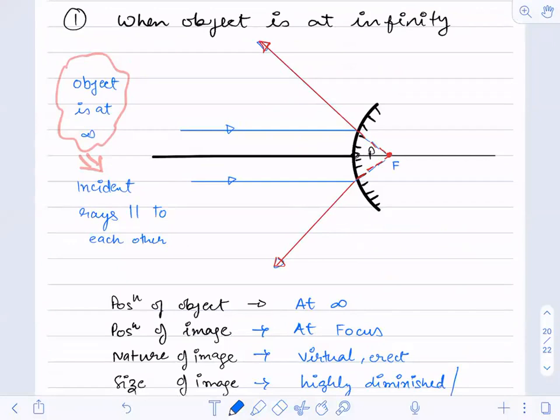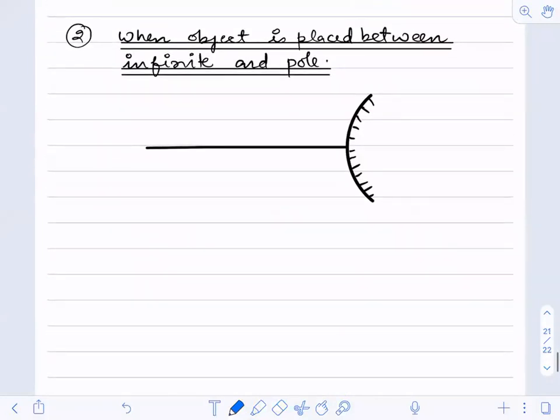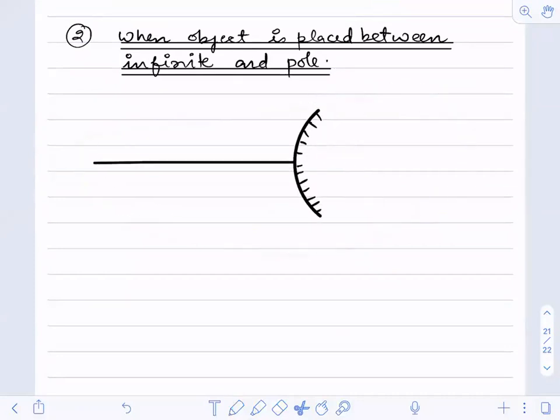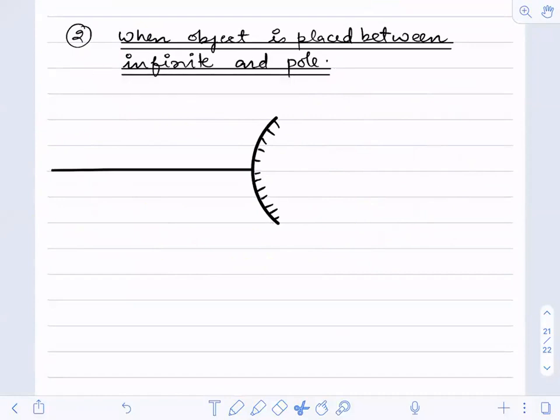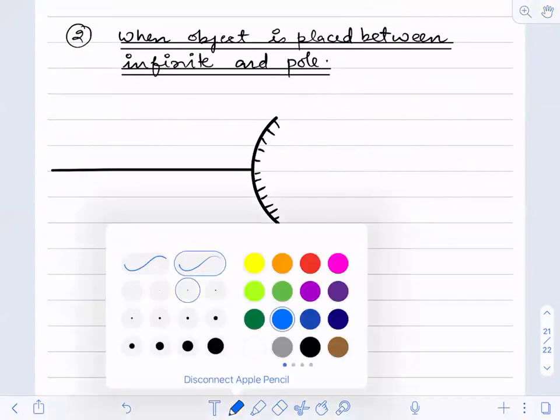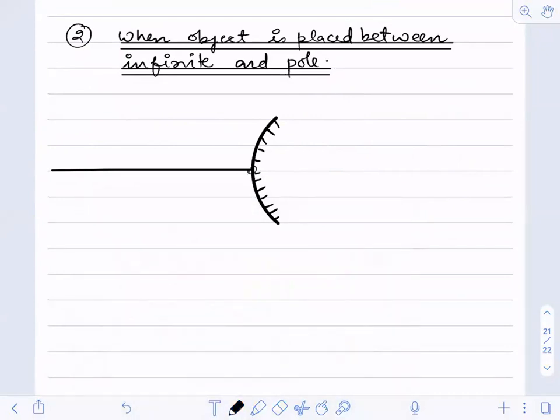Now the last case for convex mirror is when the object is kept anywhere between infinite and pole. So let us assume this is pole over here, and this is a point at infinity.